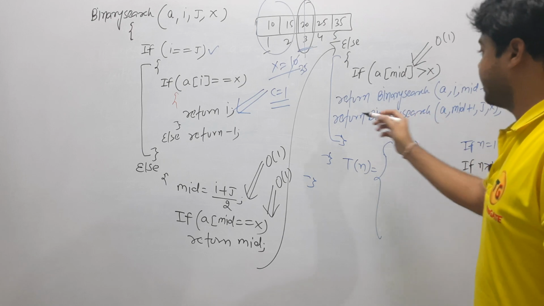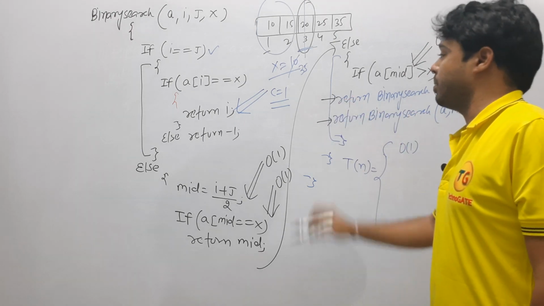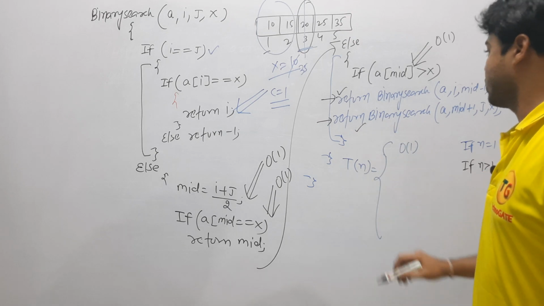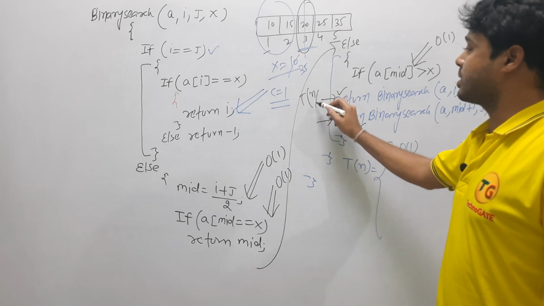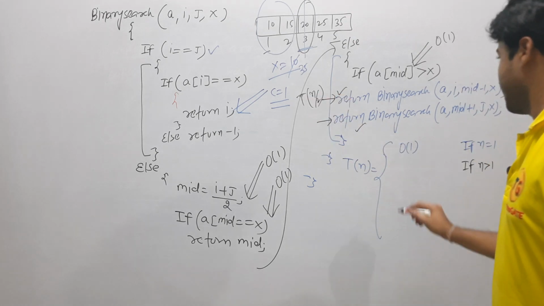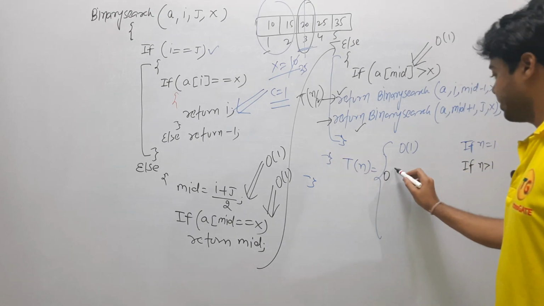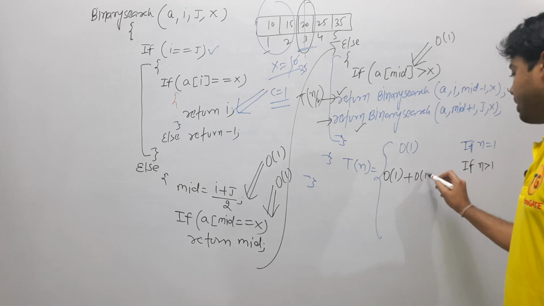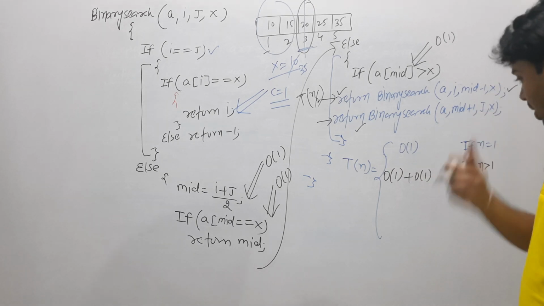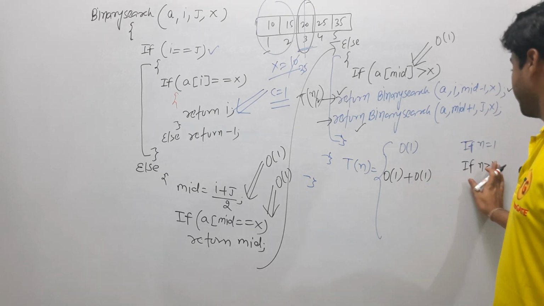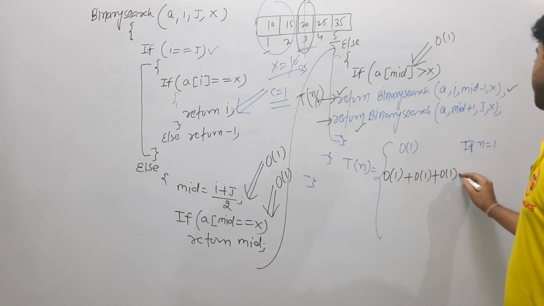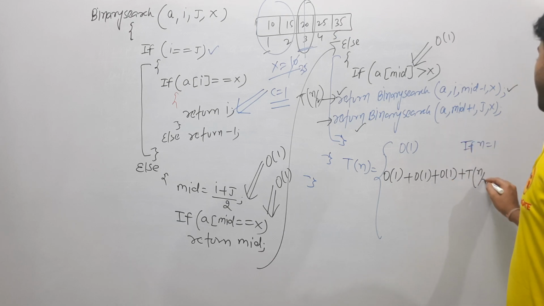After that, either this n by 2 or this n by 2 part is searched, either the first half or the second half. So T(n/2). Constant to calculate the mid, constant to check whether the mid element is present, and then compare greater or less, plus T(n/2) if n is greater than 1.